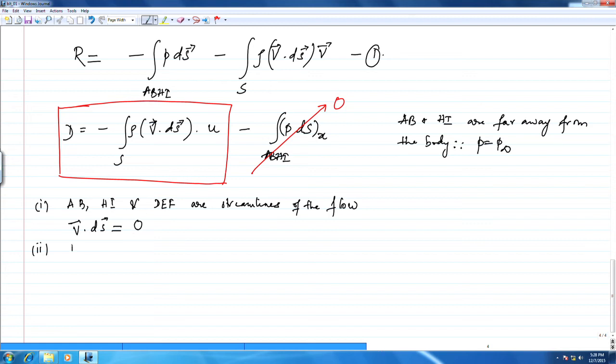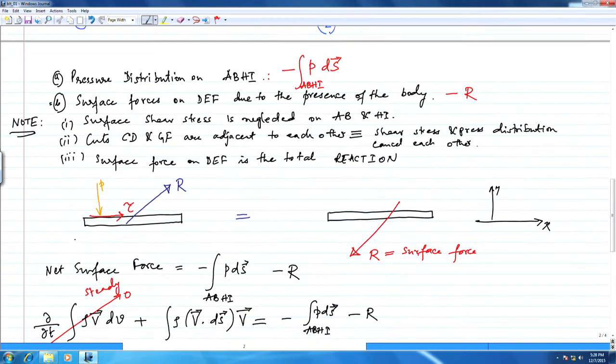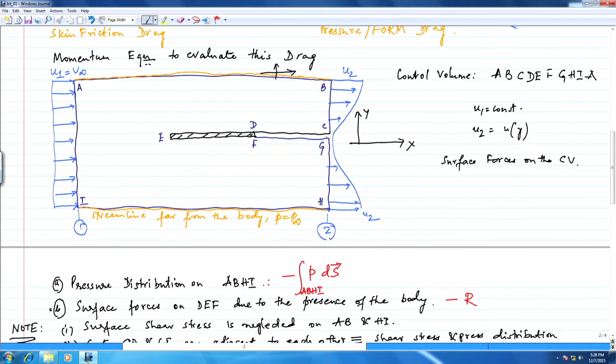Now, for the two cuts, CD and FG, what you should see is that the mass flux is equal and opposite. Whatever comes in here is going to go out there.